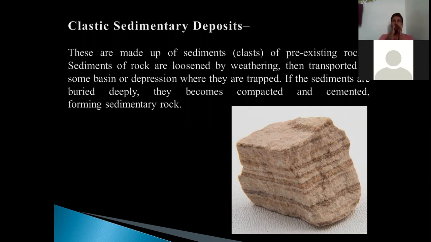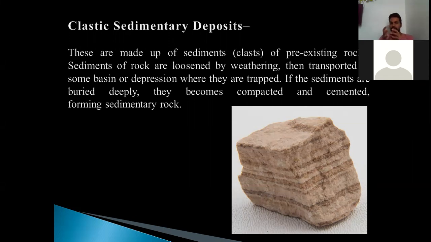That pre-existing rock should get exposed to weathering agencies like atmospheric ones, where you can get mechanical disintegration or chemical decomposition. The cumulative effect of these weathering processes results in the formation of sediments.